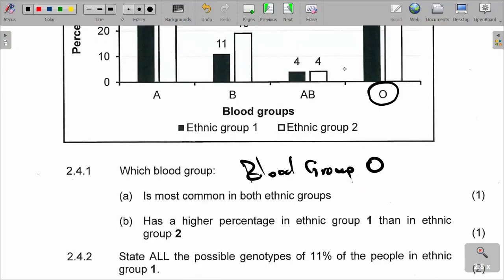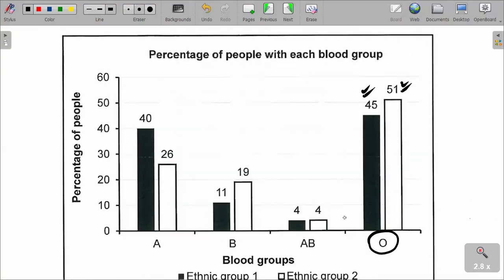And then the next question is saying, which blood group has got a higher percentage in ethnic 1 than in ethnic 2? We just have to see.